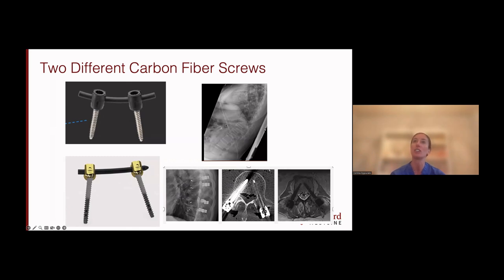You can see on the top the X-ray from the one that we've been using, and then at the bottom you see a little bit of the radio opacity at the head of the screw for the other one that's available. And it too has very nice profiles in terms of post-operative metal artifact.